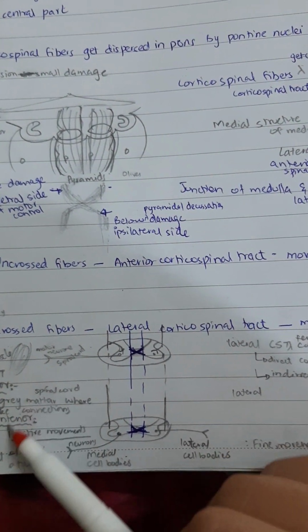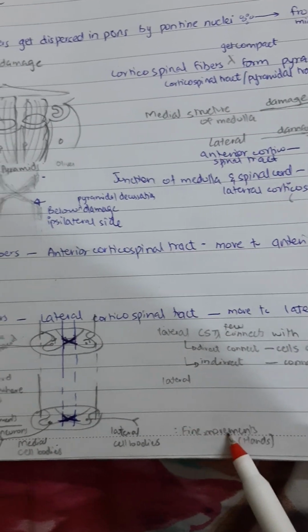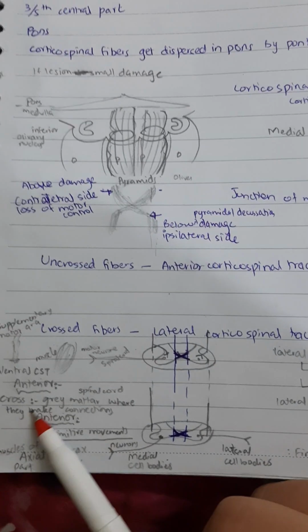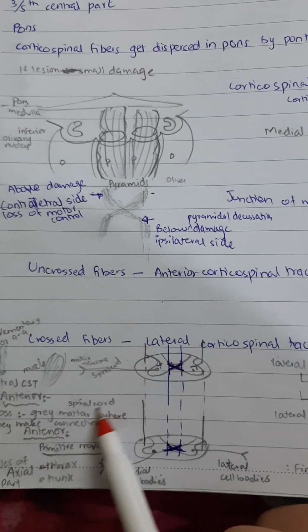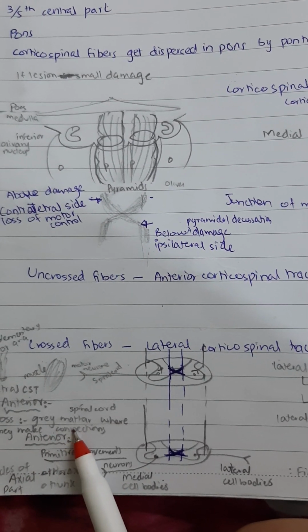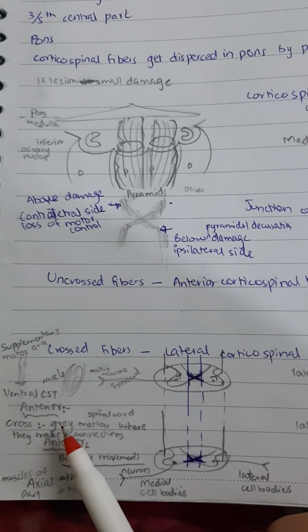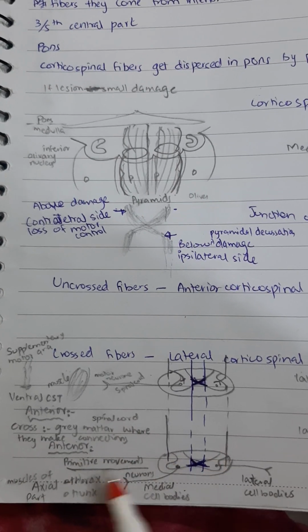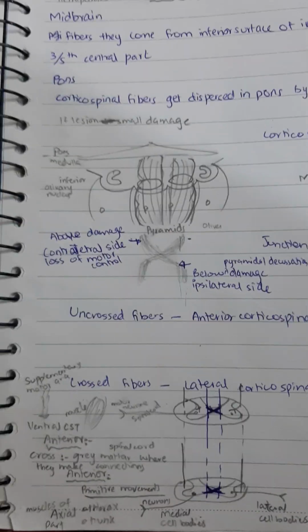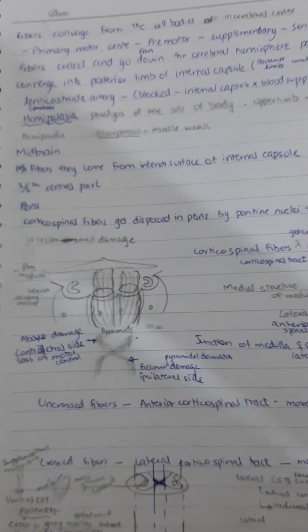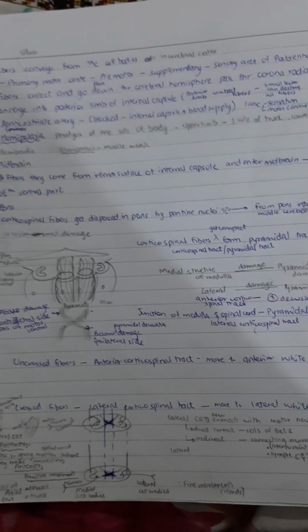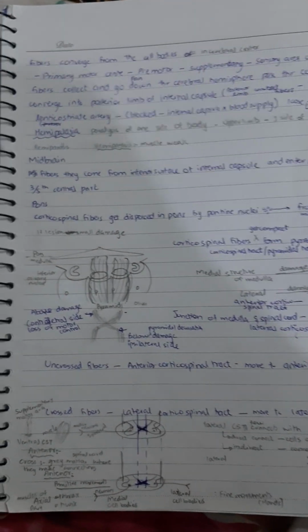So here I've written of the anterior, and here I've written of the lateral. All right, so the anterior ones cross the gray matter of the spinal cord. So yeah, you're done with the motor functions, and that's it. So these are the written notes. If you feel like going through it, you may read it.